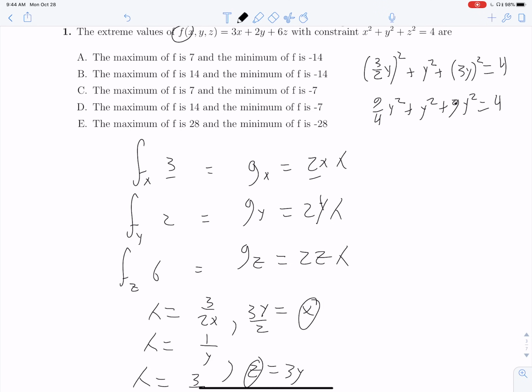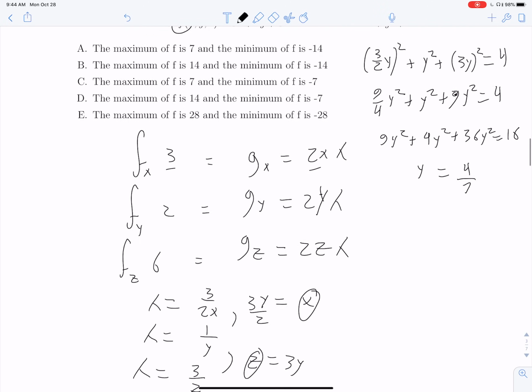Let's multiply everybody by 4. We get 9y squared plus 4y squared plus 36y squared, and that's equal to 16. Let's add all that up. Add all of our y squareds, we get 49y squared equals 16. Let's divide by 49 and take the square root, and we will get y equals 4 over 7.